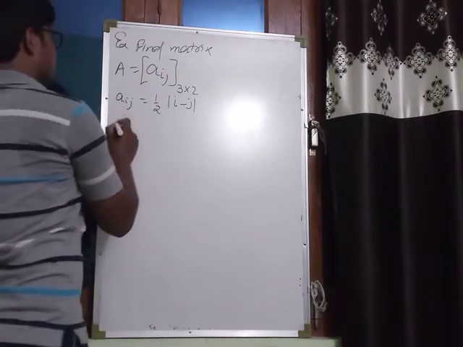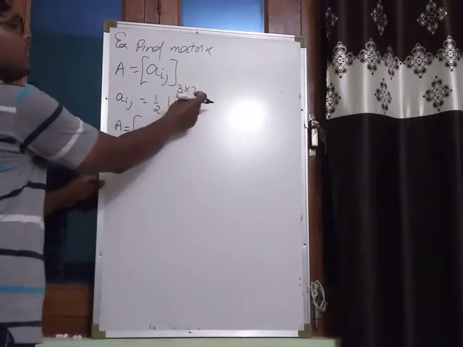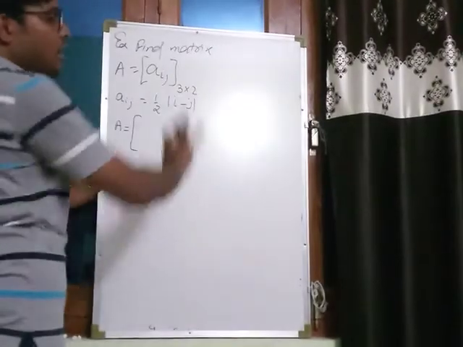See, first we have to find out that matrix. There are 3 rows and 2 columns. It is clear from its order.